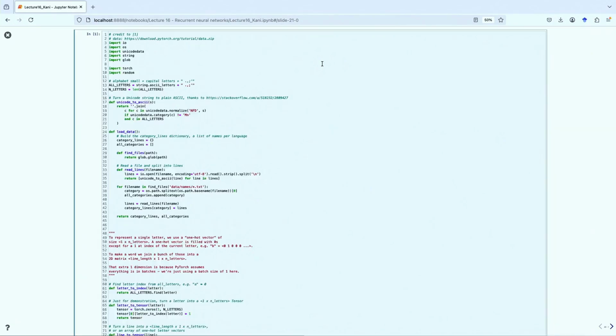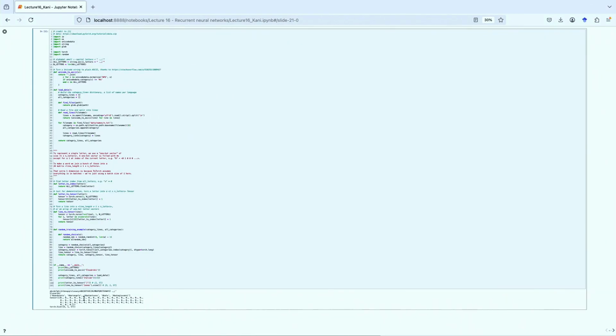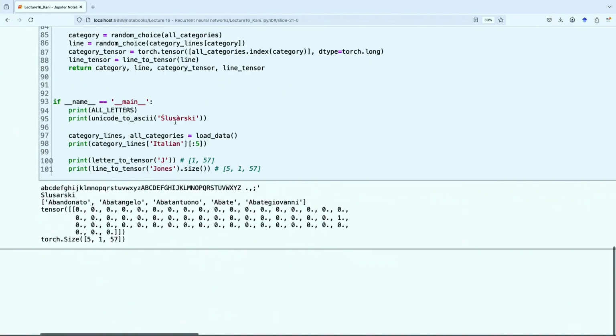But basically, you have a bunch of utility functions that create a one-hot vector for every character.